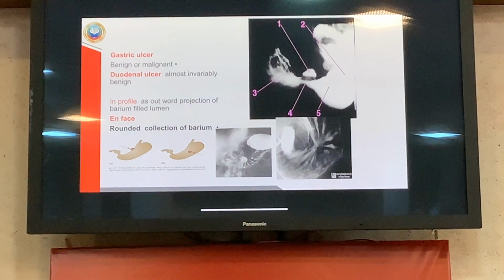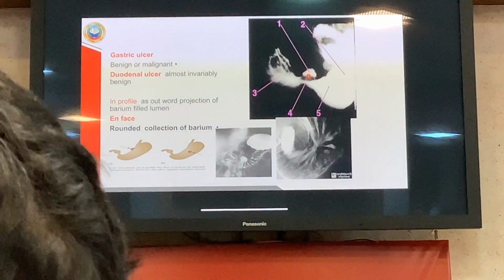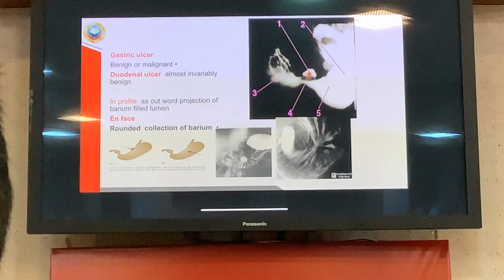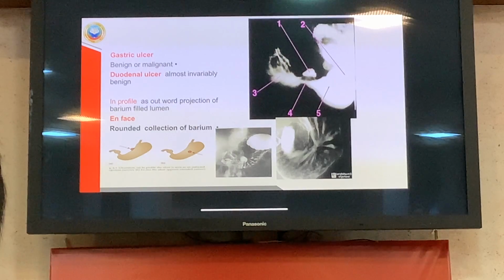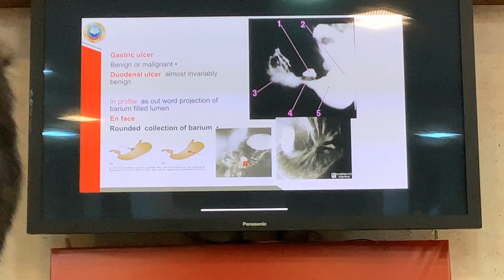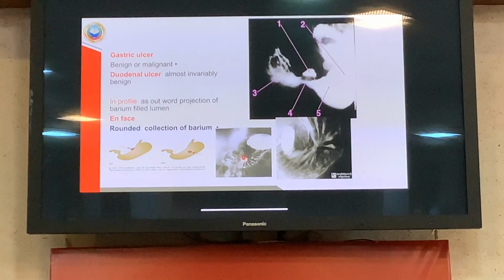So the appearance of the gastric ulcer is either en face or in profile. If you look at this, there is a breach in the mucosa and a collection of contrast material here. Also here there is a collection of contrast material, and this is an ulcer crater collected with contrast.